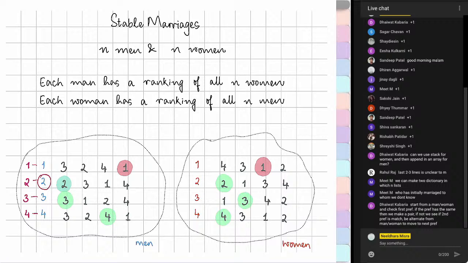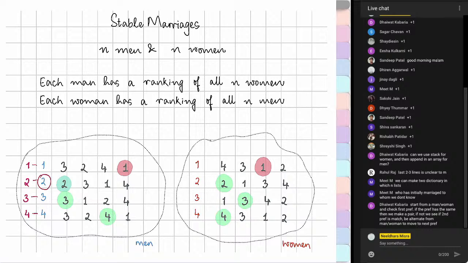Okay, so let me read out a suggestion that's come in the chat, which says, let's start from a man or woman and check the first preference, and if that preference is the same, then we make a pair. If not, we check if the second preference is a match, and alternate from man or woman to move to the next preference. That seems like an interesting take on this, because, for instance, you will be able to catch all these mutual admiration clubs.